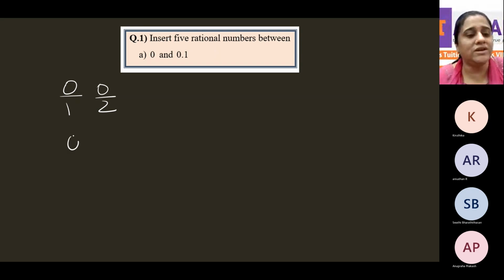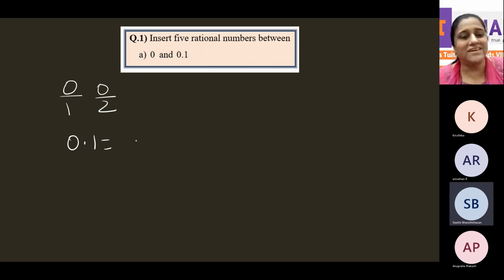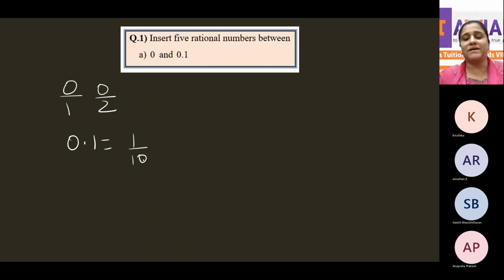How do you write 0.1 in the P by Q form? 1 by 10. 1 by 10 is the P by Q form of 0.1. Correct? So 0.1 is a rational number, 0 is a rational number, and 0.1 is a terminating decimal, so it's a rational number, and its P by Q form is 1 by 10. Correct? Okay.